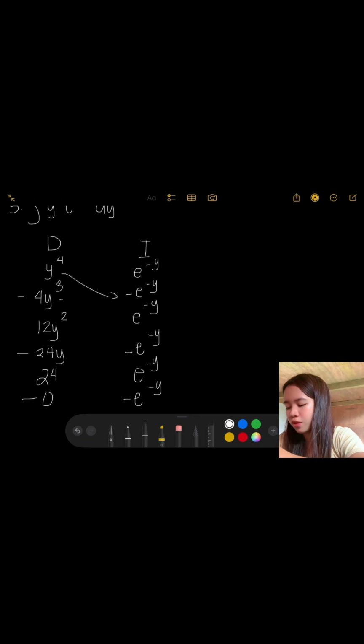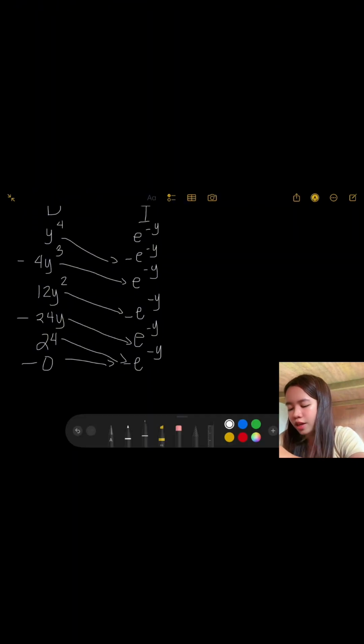So we will multiply y raised to 4 by negative e raised to negative y, and so on. So y raised to 4 multiplied by negative e raised to negative y is negative y raised to 4 e raised to negative y.